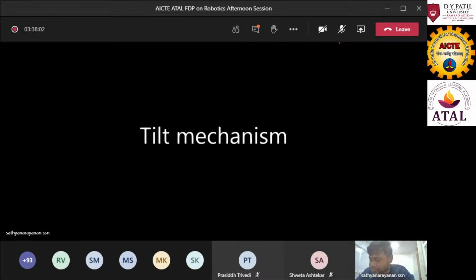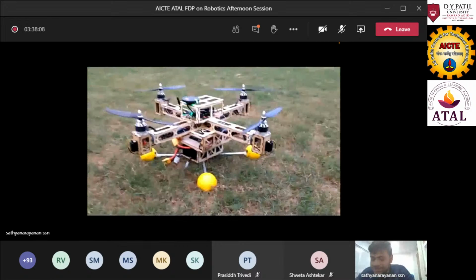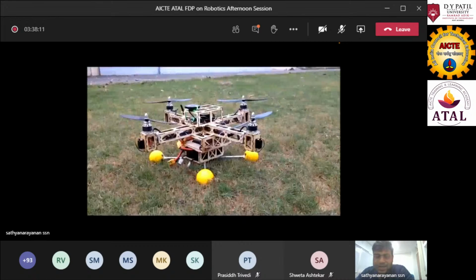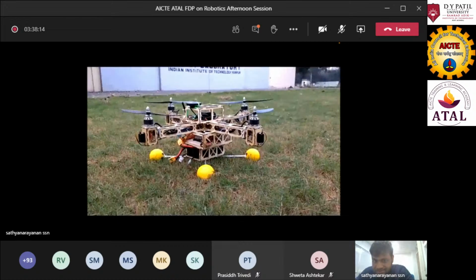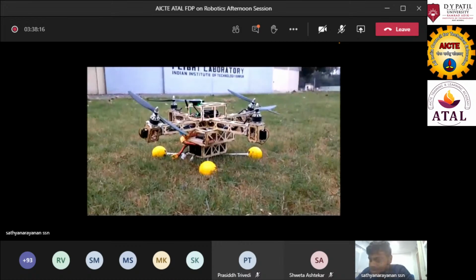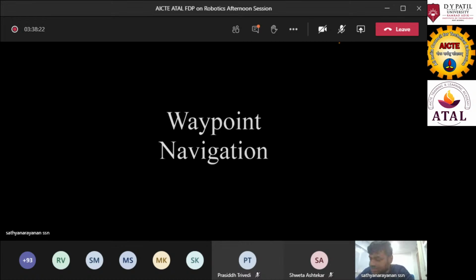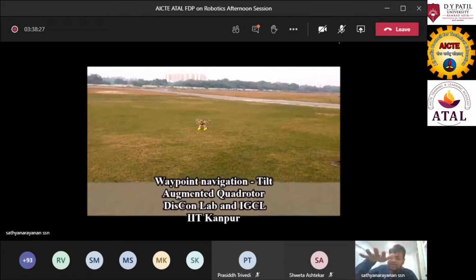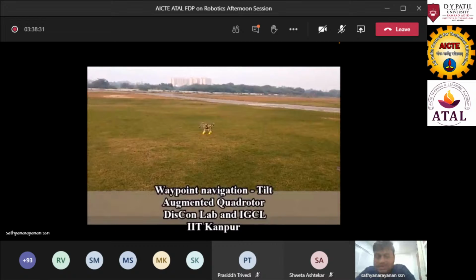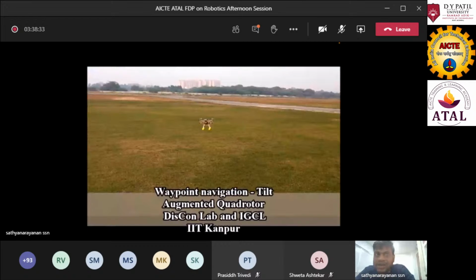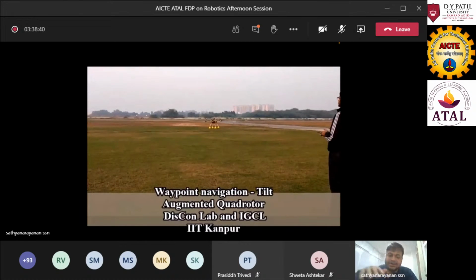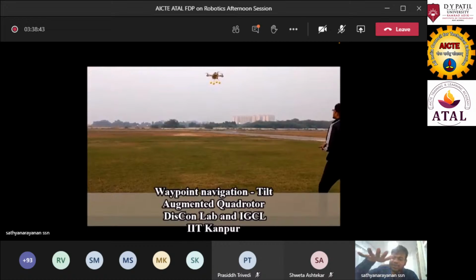One of my previous PhD seniors actually built the tilt rotor, and you can see the tilt mechanism. He tested waypoint navigation with zero orientation, so you are just maintaining zero orientation and able to move. This is very helpful if you want to land on a high speed vehicle.